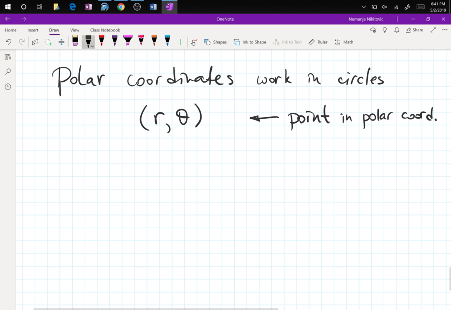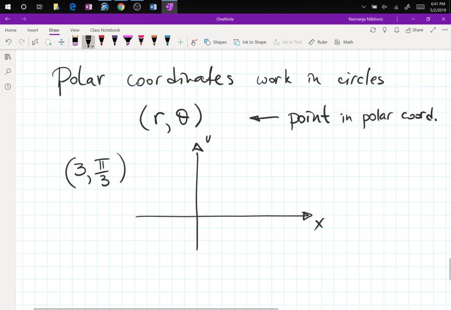Let's see an example. 3, pi over 3. Now, I really need you to look at this. Forget about writing, because you can catch up with writing or get the notes. If you don't see this, it's just going to go away and you can kiss some of the chapters goodbye in your Calc 3. I need you to understand this. I'm going to draw my regular XY coordinate system, and this is the way you find your 3, pi over 3.